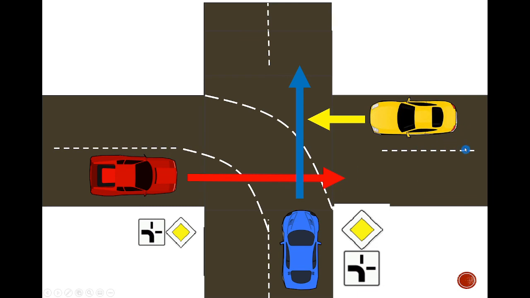That means the traffic coming from the top or on the right doesn't have any priority. So in this case, the blue car goes first because it has priority over the red car because of right over left. Then the red car, followed by the yellow car.